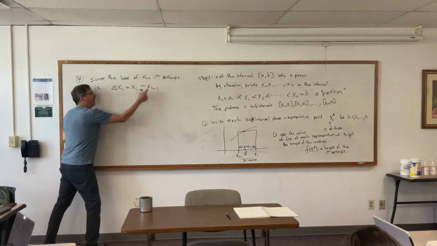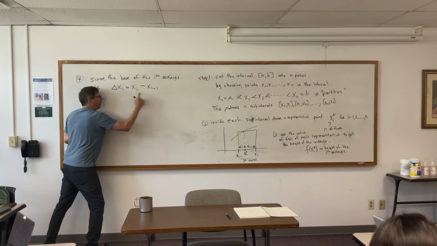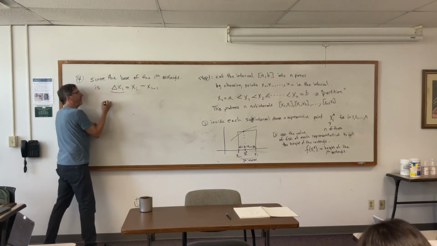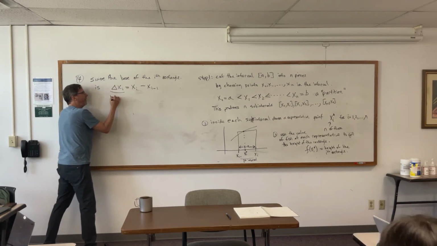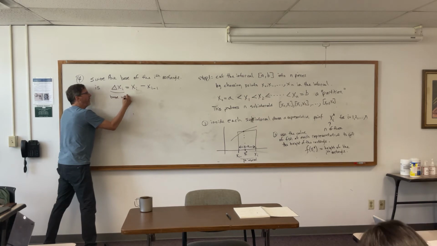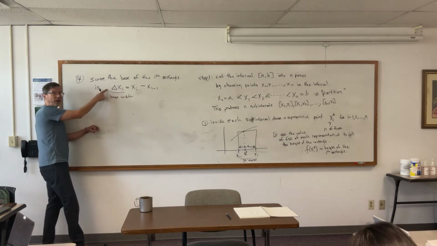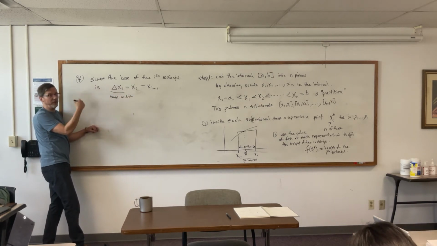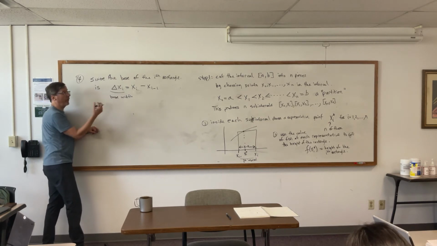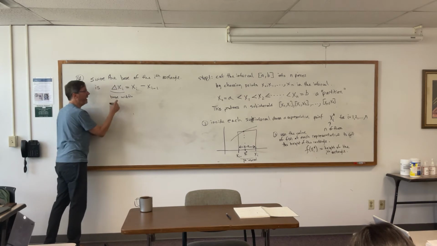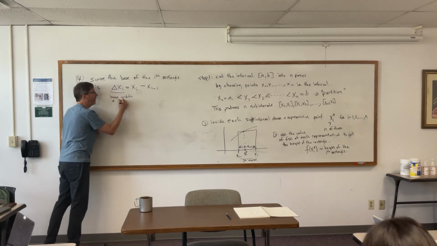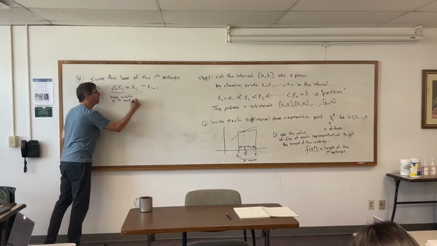So this is just subsequent points, the distance between them. And so this is the base width. This delta in calc and science is always about change. It's the change in x over the ith interval. So this is the base width of the ith rectangle.